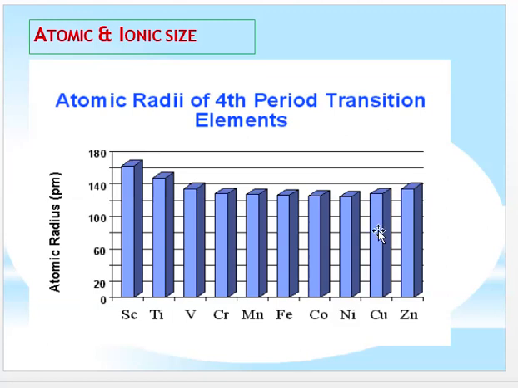In this slide you can see the atomic radius of fourth period transition elements: scandium, titanium, vanadium, chromium, manganese, iron, cobalt, nickel, copper and zinc.